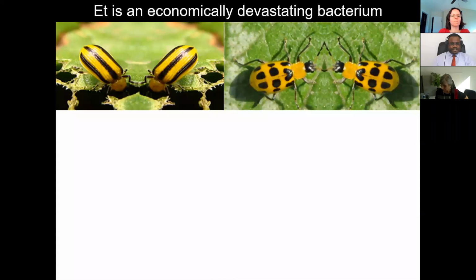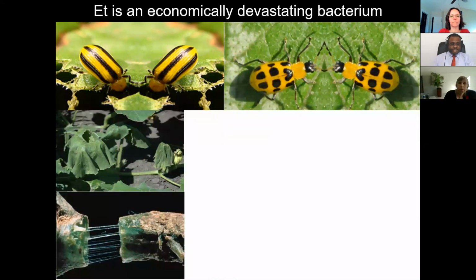Erwinia tracheiphila is obligately transmitted by cucumber beetles, which could either be striped or spotted, and it's a xylem-restricted bacterium. It is the causal agent of bacterial wilt of cucurbits, and the diagnostic sign of this infection is these slimy bacterial strands, which you see when an infected plant is cut at the crown and you gently pull it apart.